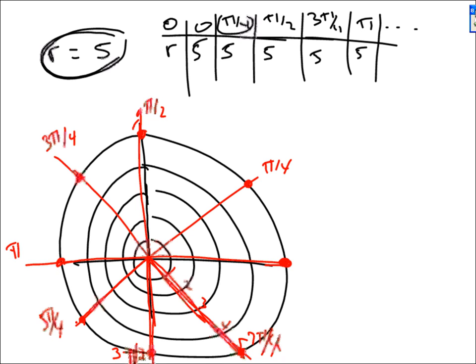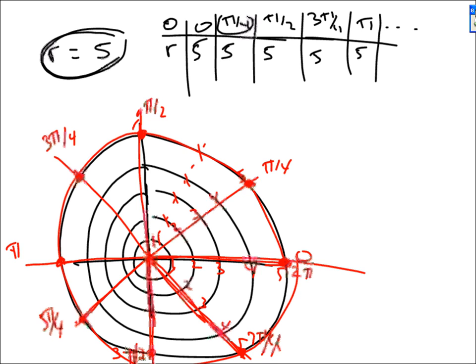And when the angle is 2 pi, which is the same as 0, you go out along this line. How far do you go? 1, 2, 3, 4, 5. Each of these lines has numbers. Whatever angle you're talking about, it has its own line, its own numbers. Since all the points on the red, if you were to sketch it out, you get a circle. Circle of radius 5.